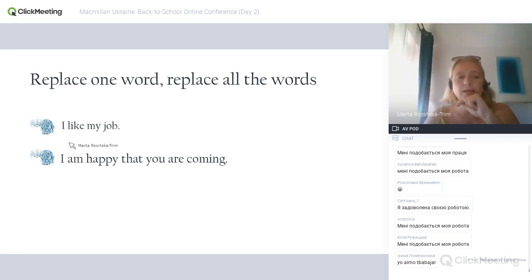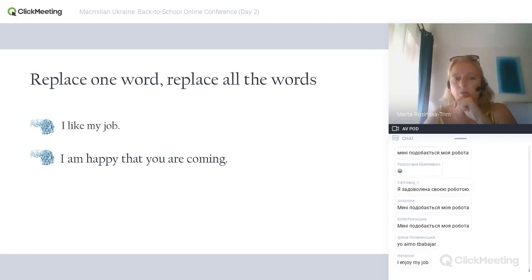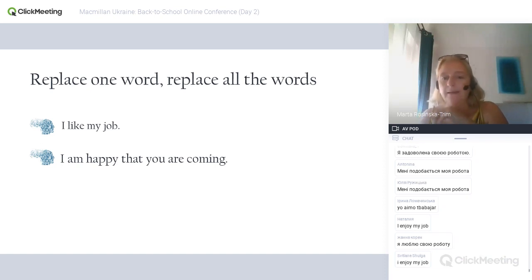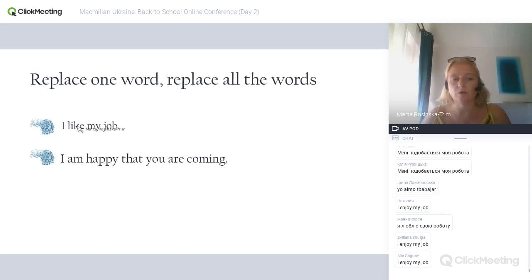So in this case, they can say, I enjoy my job. Obviously from Ukrainian, they have to translate the sentence into basic English and then paraphrase the sentence from English into English. Okay, so first of all, it's Ukrainian, translate into English, and then in the basic English sentence, replace one word. And again, they create lots of things because it's I enjoy my job.